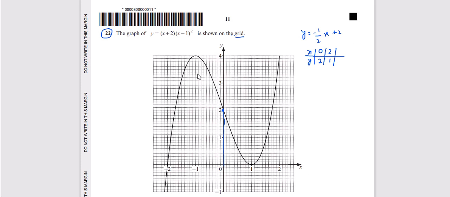Where is 1? The value of x is 2 and the value of y is 1, so the point is marked here. So draw a straight line.